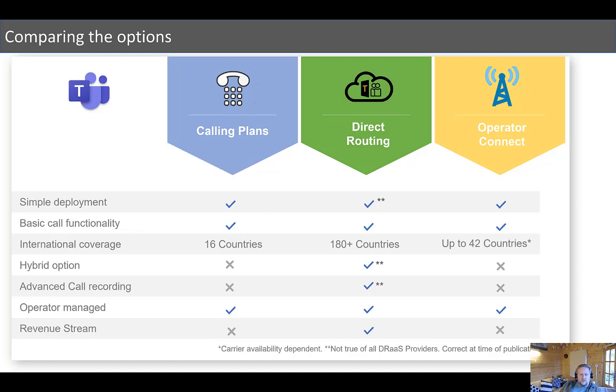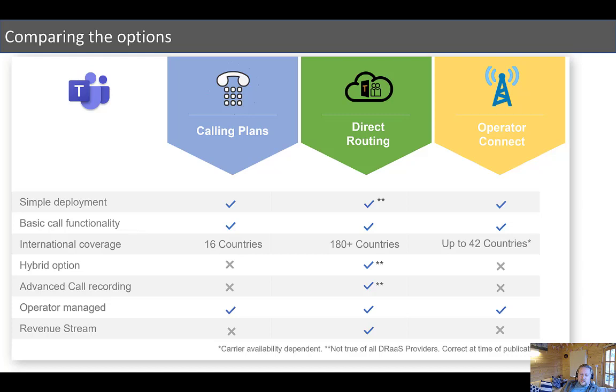In terms of call recording, there's been a lot more around call recording inside Microsoft Teams. However, with calling plans, there's no ability, for example, to automatically record calls. That was introduced with Microsoft's compliance call recording or policy call recording feature, which can be taken advantage of regardless of whether you're using a PSTN product like Calling Plans, Direct Routing or Operator Connect. What we did see with direct routing was a lot of suppliers creating network or PSTN based call recording, which is very easy for them to do once they're controlling the call flow back out to the PSTN network.